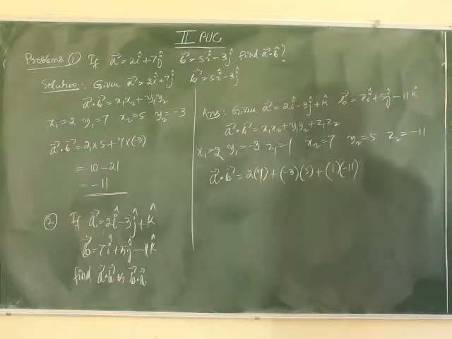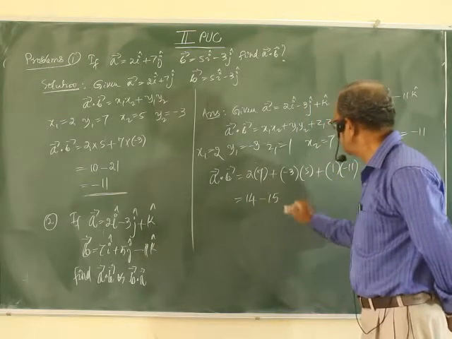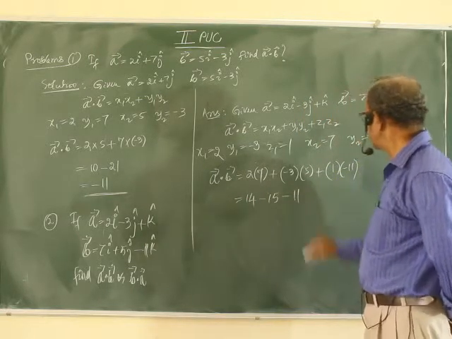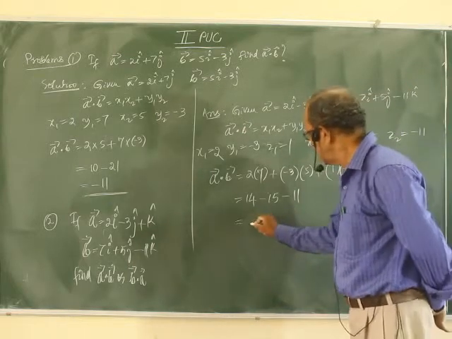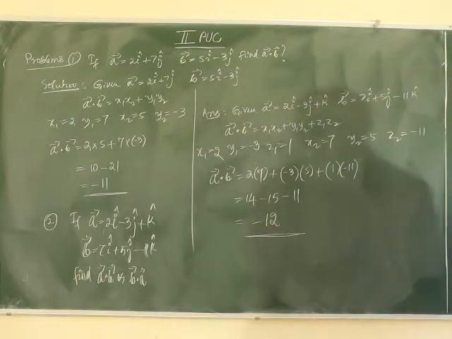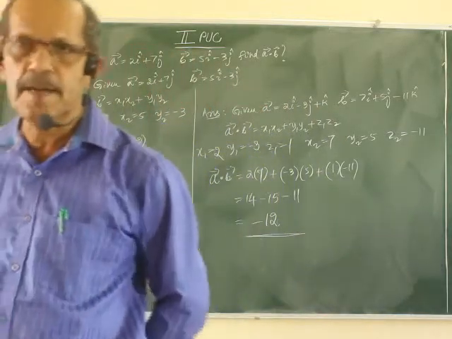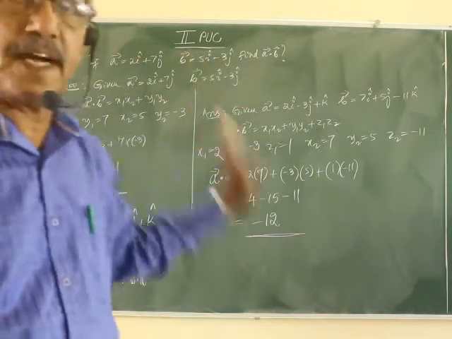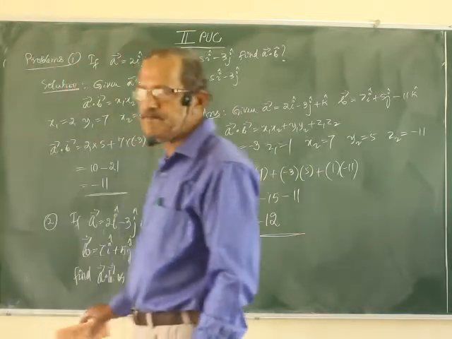That is 14 minus 15 minus 11, which is minus 1 minus 11, minus 12. Yes. Even though it is 2-dimensional or 3-dimensional, you can find the dot product. Only one coordinate is extra here.